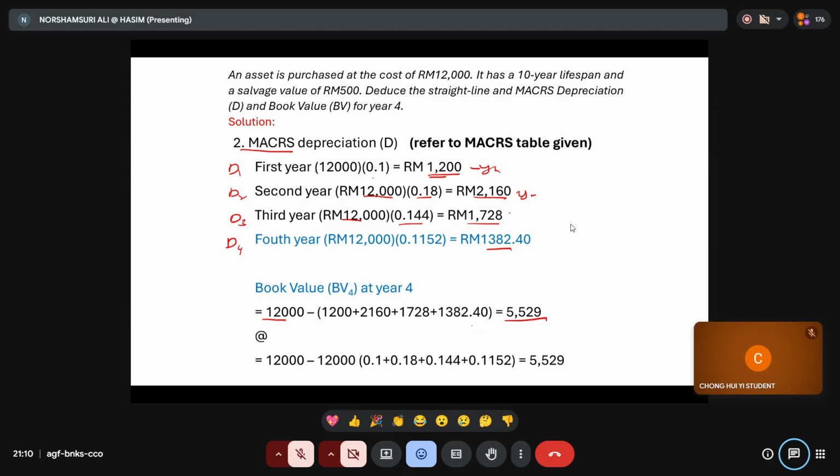You can also get the same thing by adding up all the percentages 0.1, 0.18, 0.144, 0.1152, and then times 12,000. And then you subtract from the original price, and you still get 5,539, the same thing.